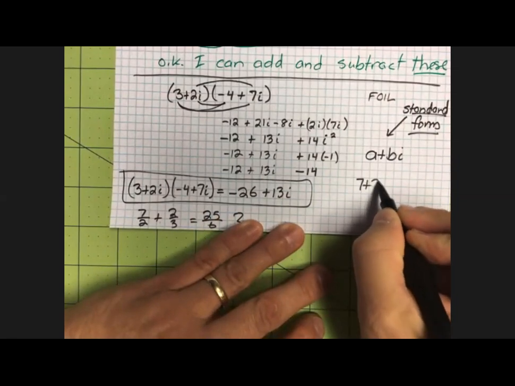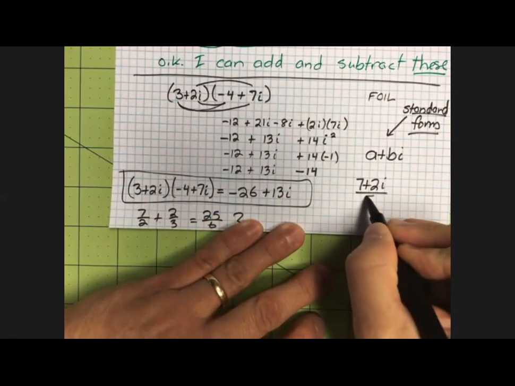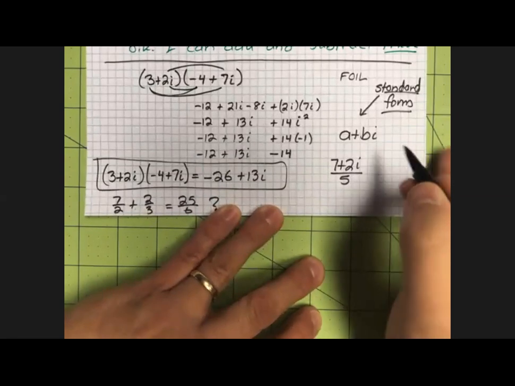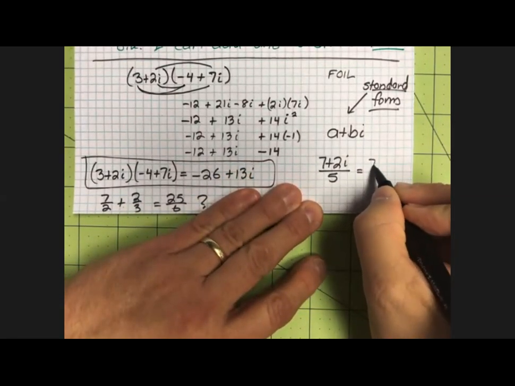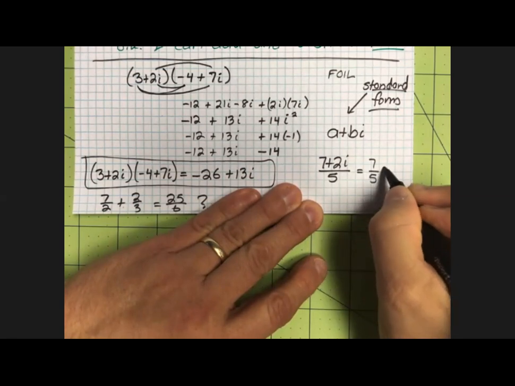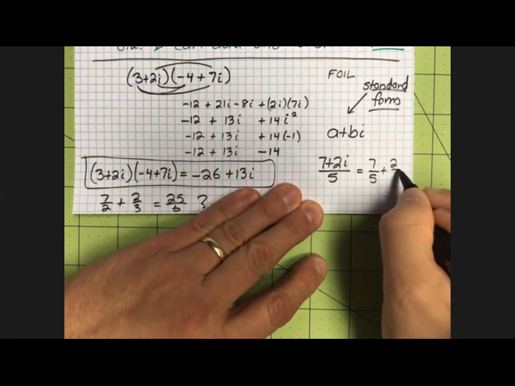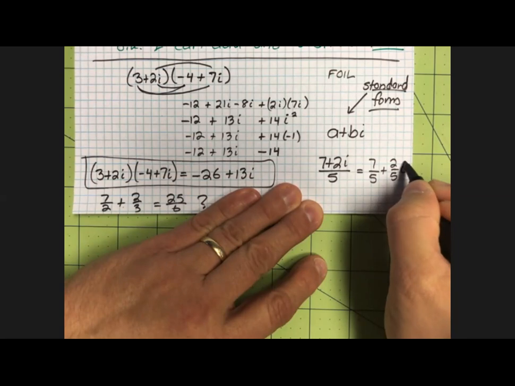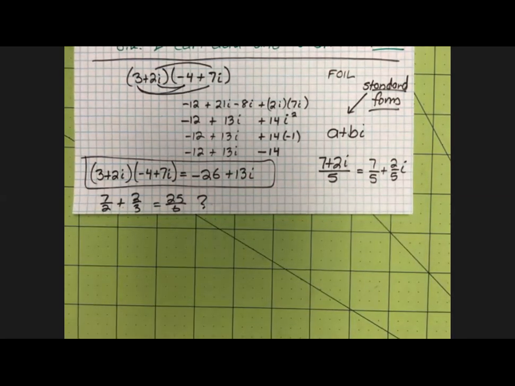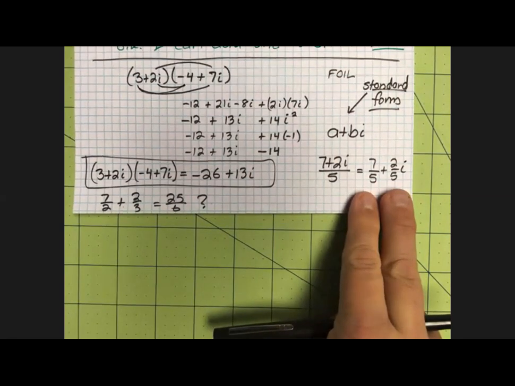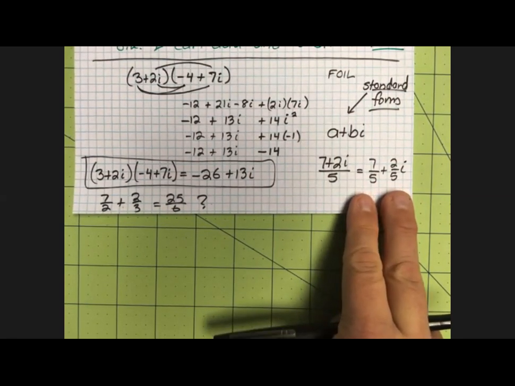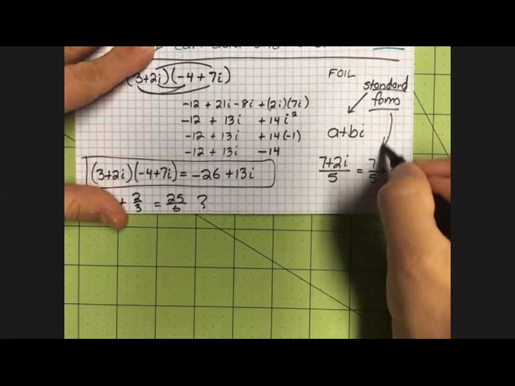Don't write 7 plus 2i divided by 5. That's not standard. Write 7 over 5 plus 2 over 5 times i. In fact, that's one of the few times I would tell you not to combine common denominators. This is standard form.